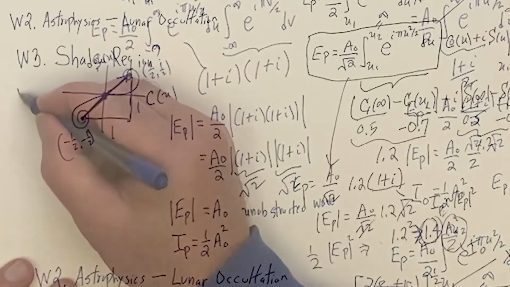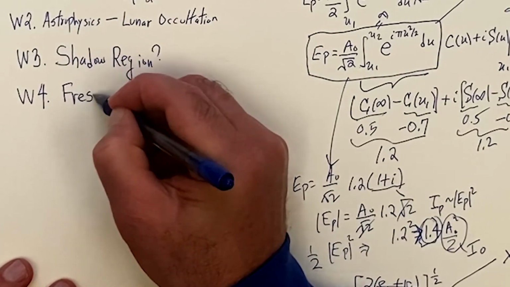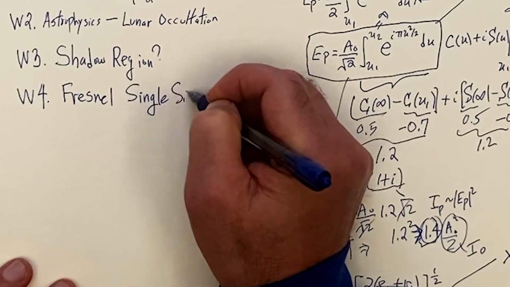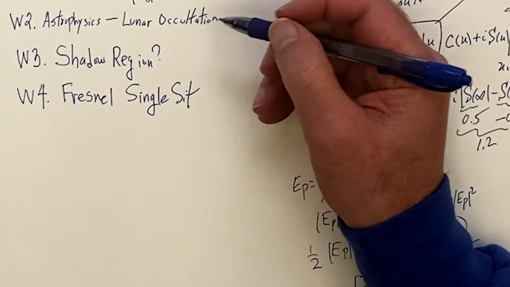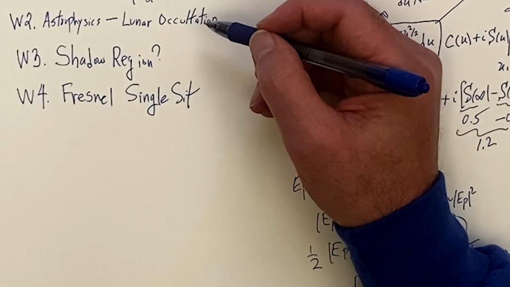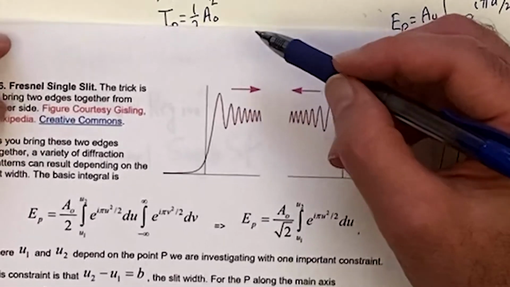Now W4, the Fresnel single slit. Now we can look at the single slit as having 2 edges come together.